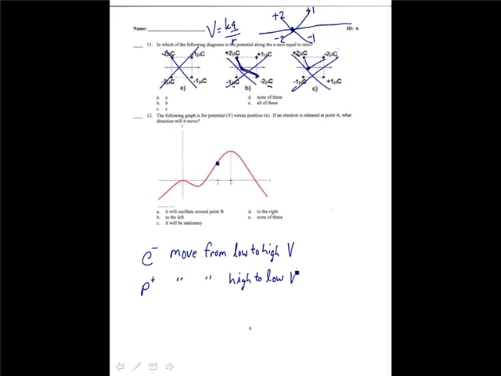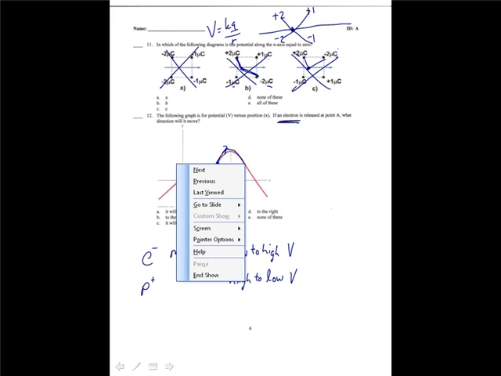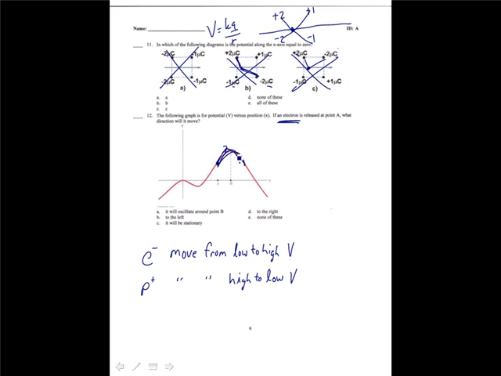Alright, so applying those rules, if we have an electron at this point, it wants to move from low to high, and as we discussed in class, if it moves in this direction, it's going to overshoot, and then it's going to come over here and want to move from low to high potential, and so it's going to actually oscillate back and forth. So the answer here is A.